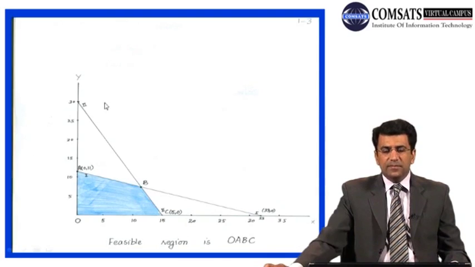Now this is the graph. Again, this is the x-axis, this is the y-axis. You have to take an appropriate scale in order to put those particular points on this graph. So this is our first line equation. One point was 0, 11.